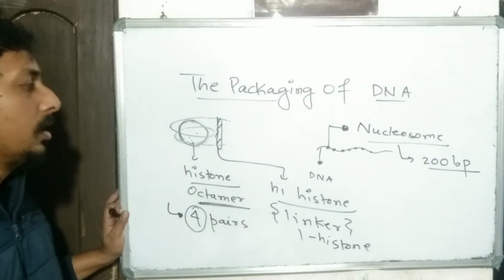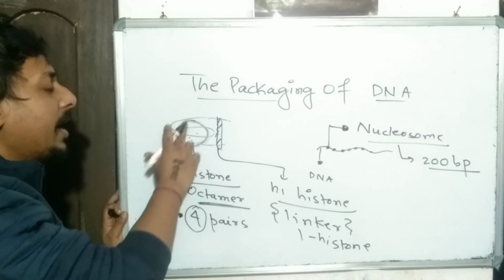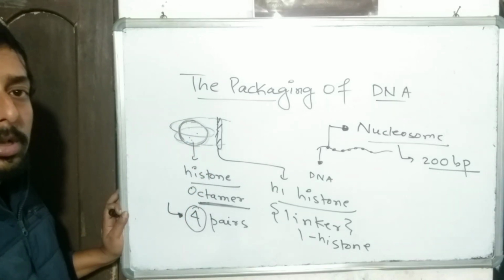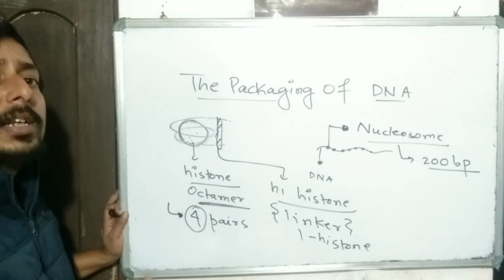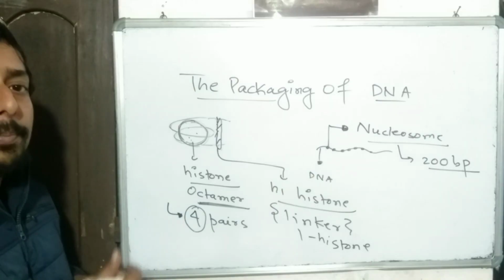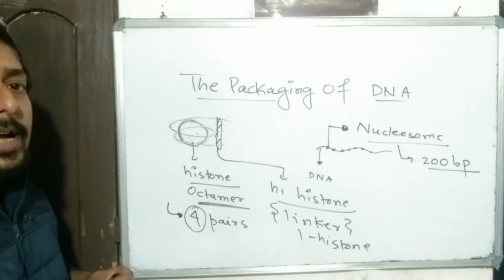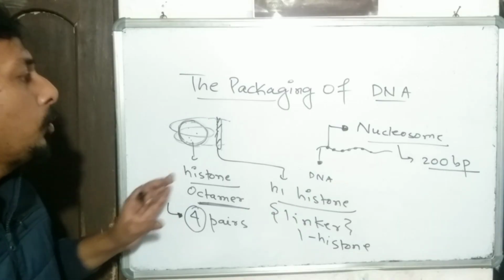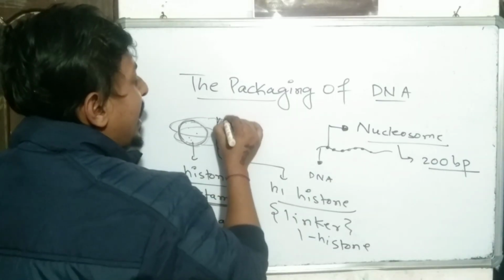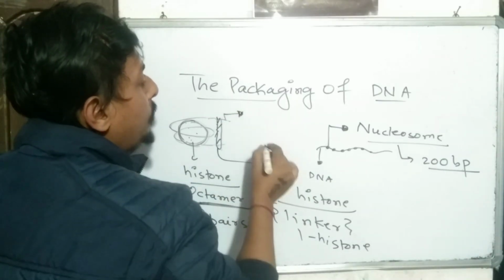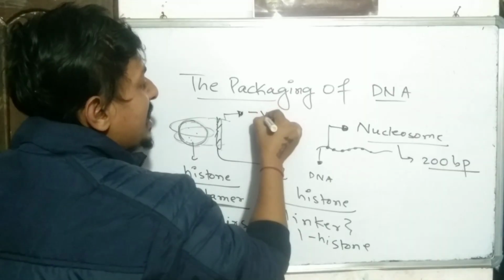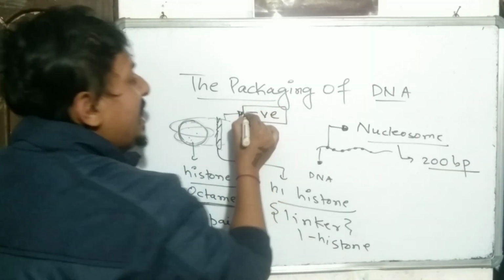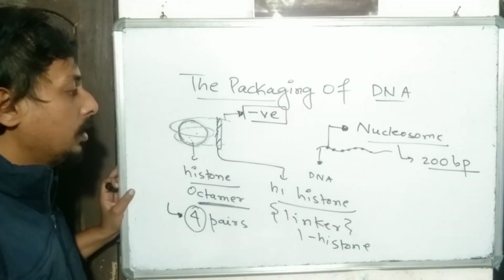Now the question comes: DNA is wrapped around this histone. What is the significance of this wrapping? Why does it wrap? Why does it glue to the histone octamer? What is the bond between them? You have to say that DNA is a negative molecule due to the presence of phosphate. DNA is a negatively charged molecule.